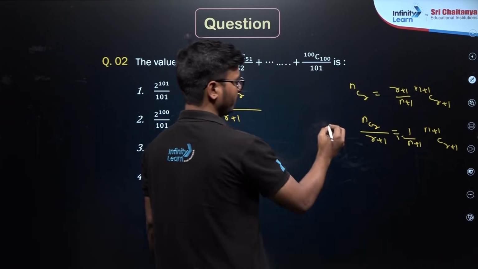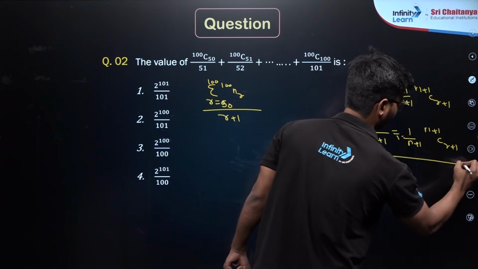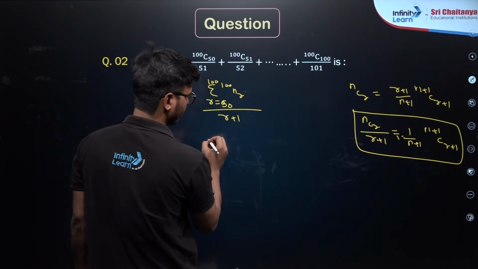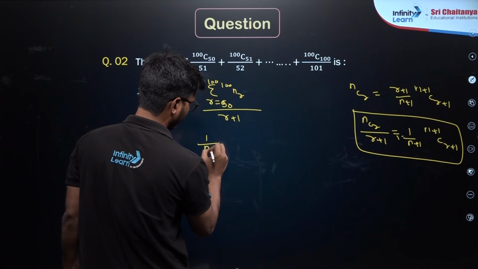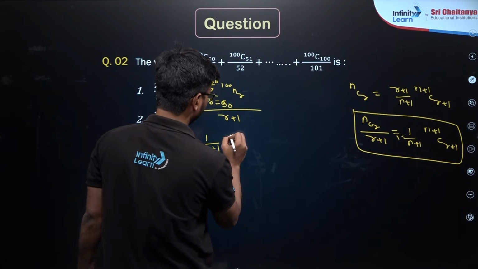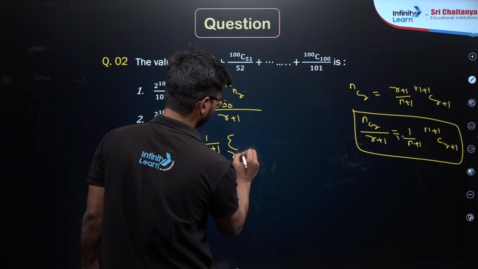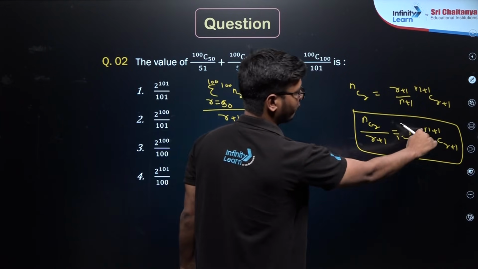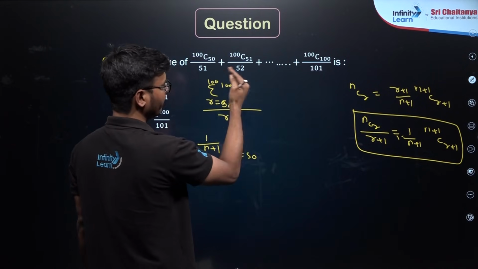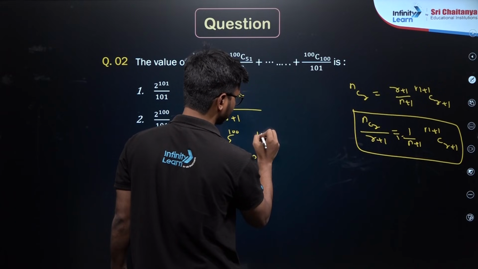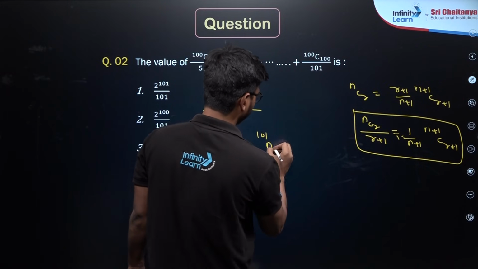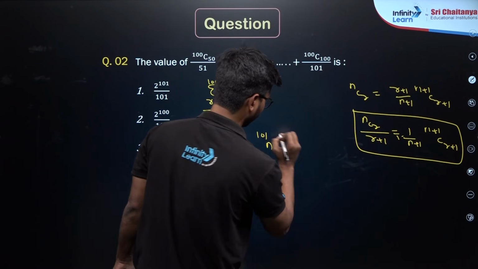Correct? So the same property, whatever is written here, we are going to use. So if you observe here, I can write it as 1 upon N plus 1 summation of R equals 50 to 100, and here we are going to have N plus 1, so 100 plus 1, C R plus 1, correct?